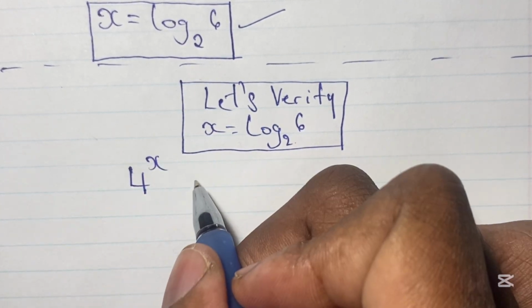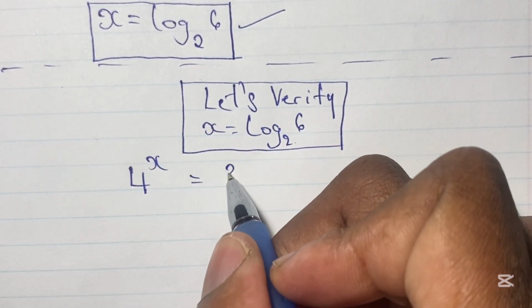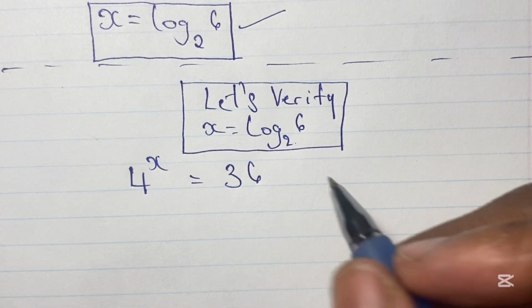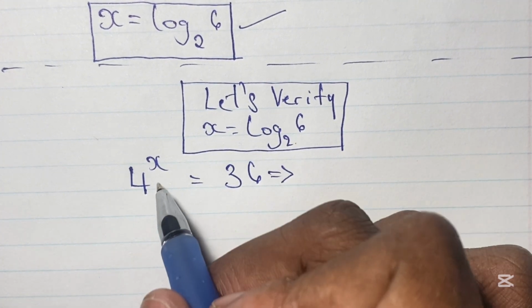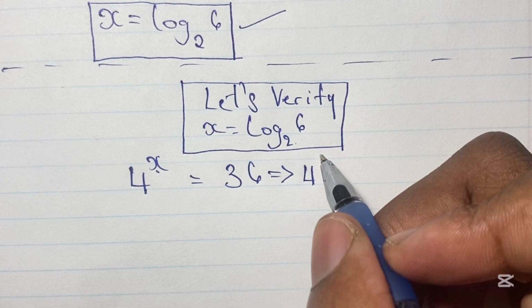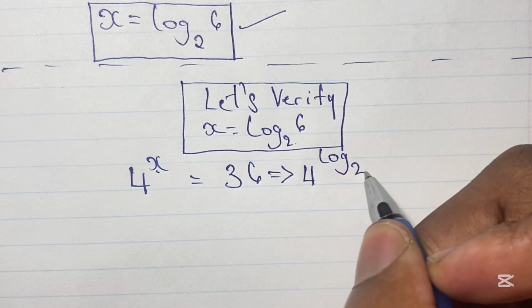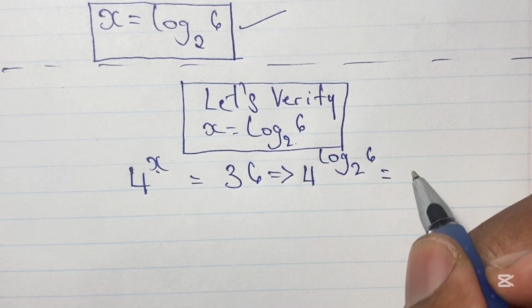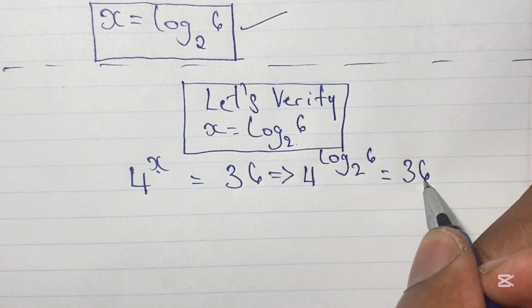We do this by plugging our value of x into our equation. So we'd have 4 to the power of x is equal to 36. Plugging in the value of x here would mean that we'd have 4 to the power of log base 2 of 6 equals 36.